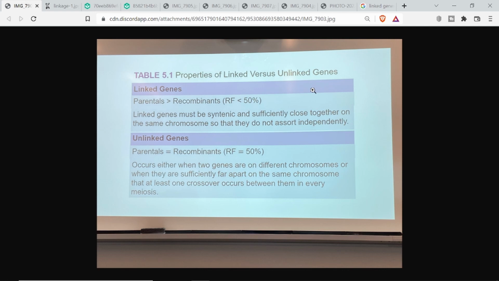You're going to see later in an example how linked genes work. If the genes are unlinked, you're going to see a 50-50 chance. If not, then you're going to see that recombinant genes are unfavored and parental genes are favored superbly, like 99% to 1%. Or in some cases, like we saw in that discussion question, close to 50%.